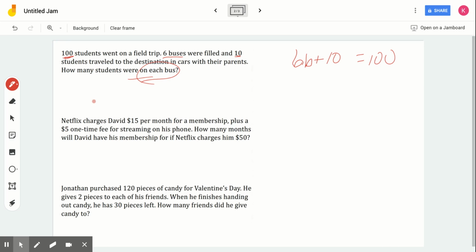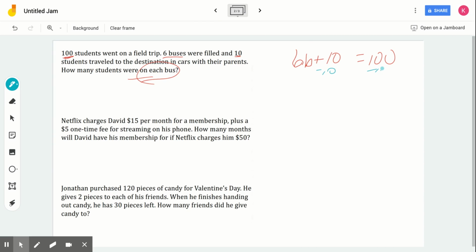So we have 6 buses of students plus the additional 10 is going to get our total. So here, again, we're going to start on the side of the variable, but furthest away from it, and we want to use our inverse operations. So when we're doing this, we can see that the opposite of adding 10 would be to subtract 10.